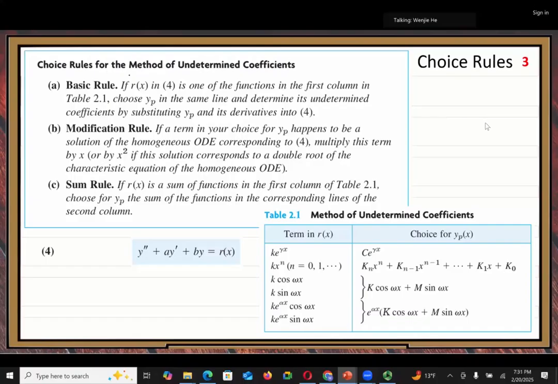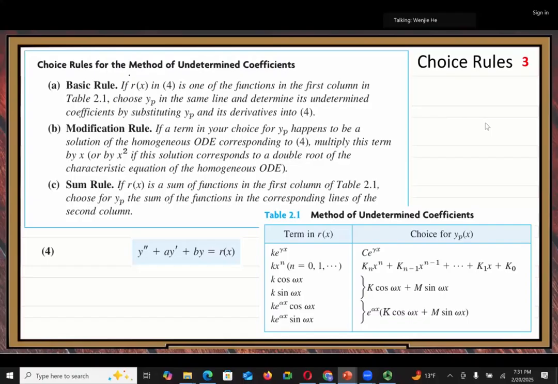The C rule, the sum rule, is also pretty simple. The sum rule tells you if your R function is a sum of the functions in the left column, one plus another, then the choice of YP is the sum of the corresponding forms.